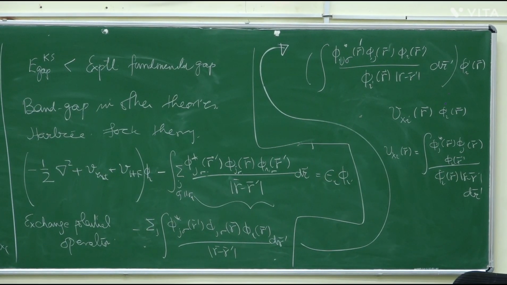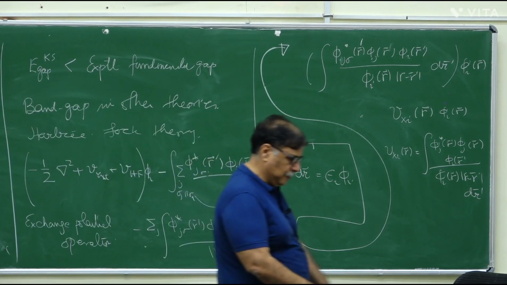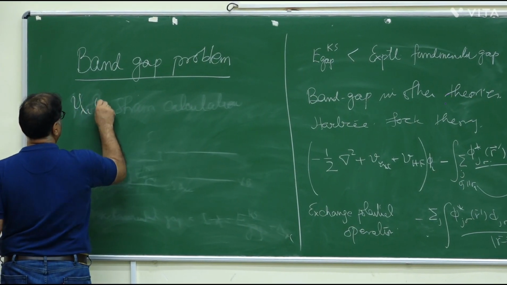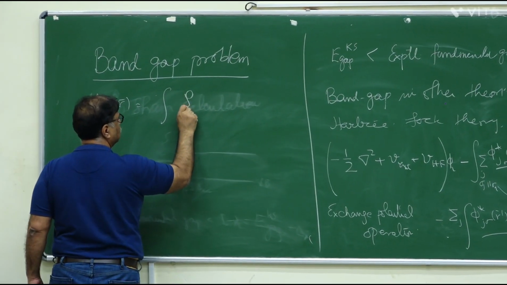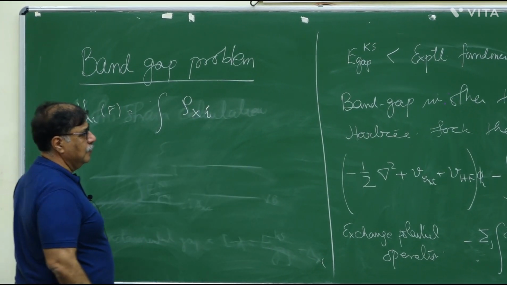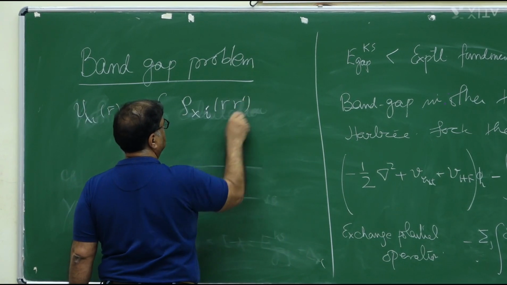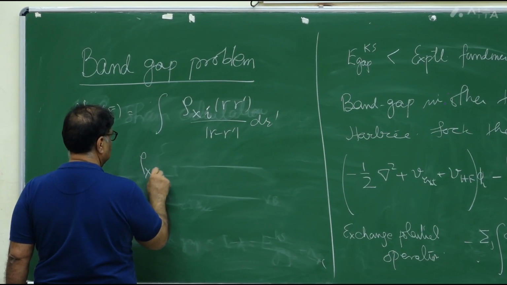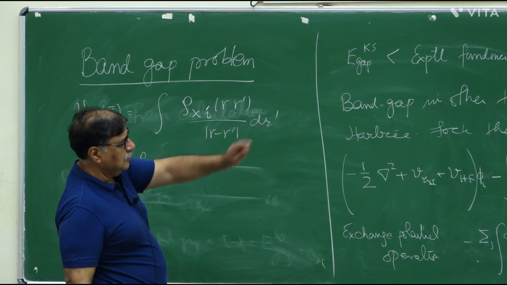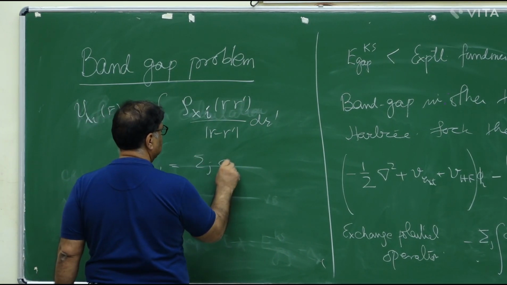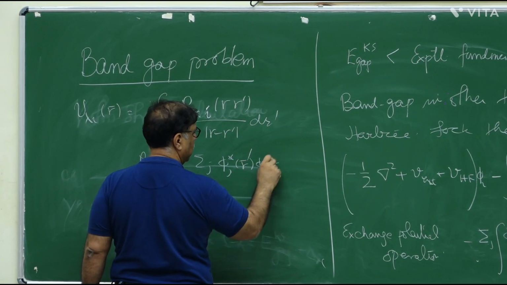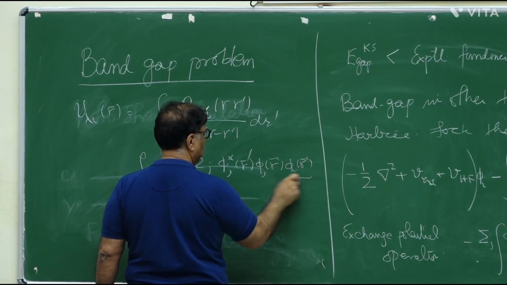one can still write V x i(r) as an integral of, I call this a Fermi hole which is i dependent, rho x i(r, r prime) over |r minus r prime| dr prime, where rho x i is the sum over j of phi j star(r) phi j(r prime) phi i(r prime) over phi i(r).